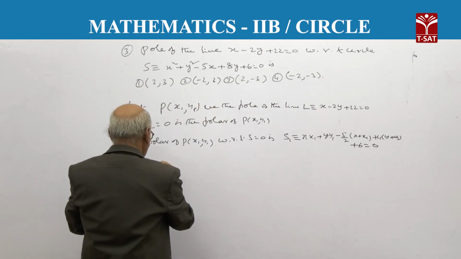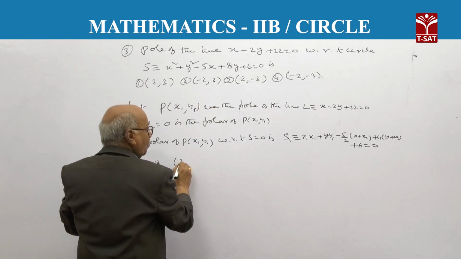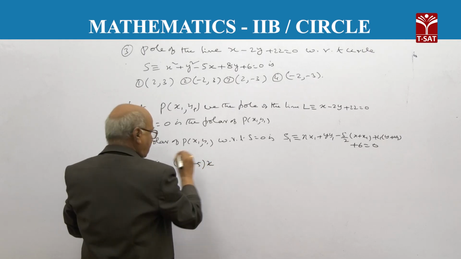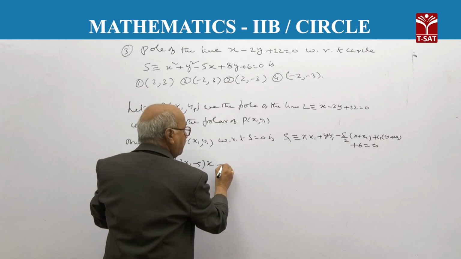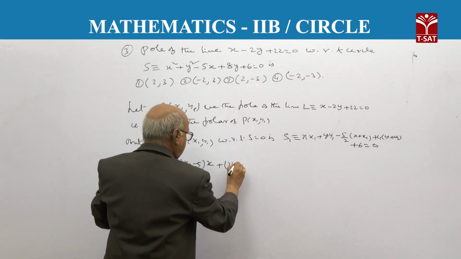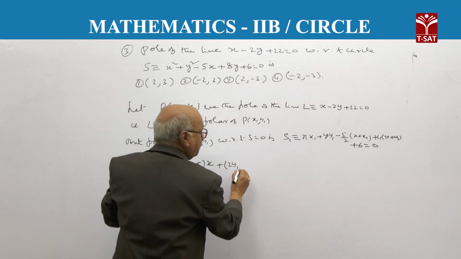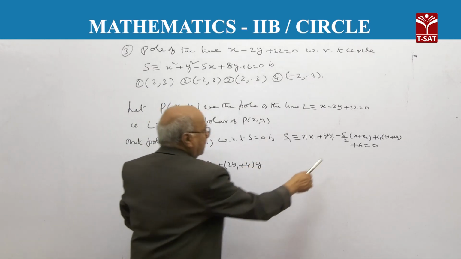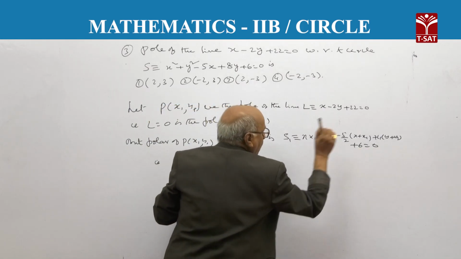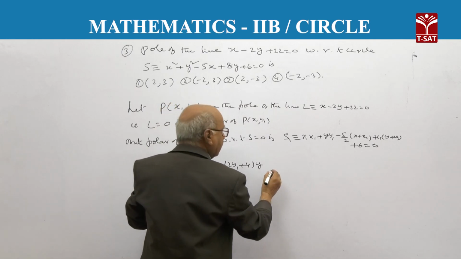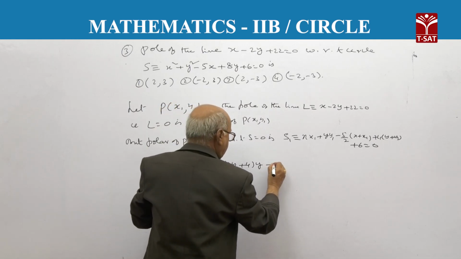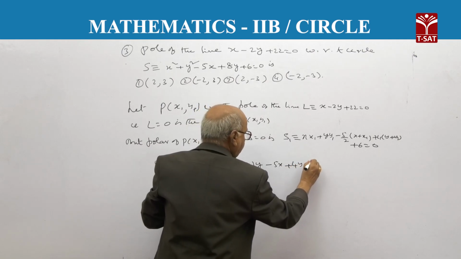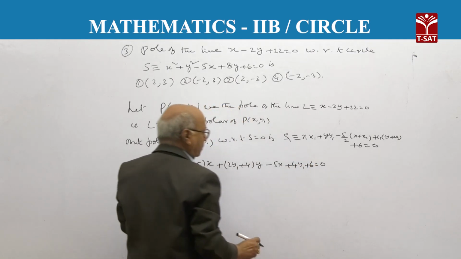Or that is (2x1 minus 5) into x plus (2y1 plus 4) into y, and minus 5x1 plus 4y1 plus 6 equal to 0.